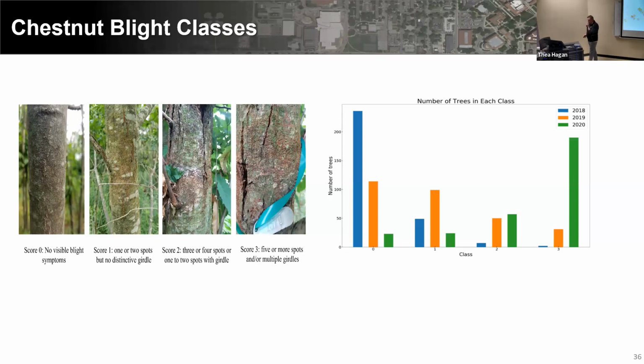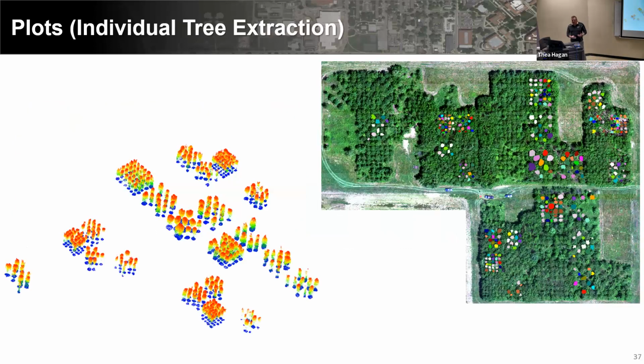Along that time frame, we also collected UAV full range hyperspectral data three times a year in 2018, 2019, and 2020. To do this, we used LiDAR to create a vertical or horizontal surface of individual trees.